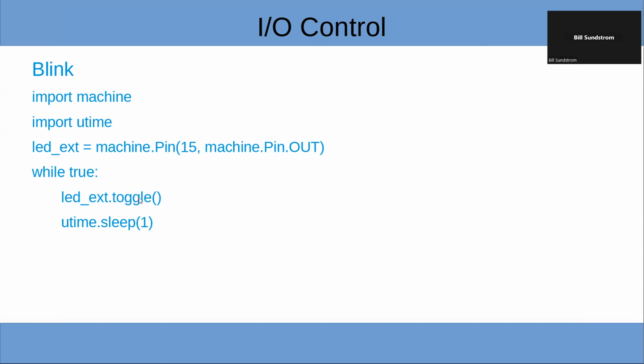We're going to toggle that LED off and on. And after we toggle it, we're going to sleep for 1 second. Go back through the loop, toggle it, sleep for a second. So it should blink the light 1 second on, 1 second off. So we've just generated a square wave driving an LED.